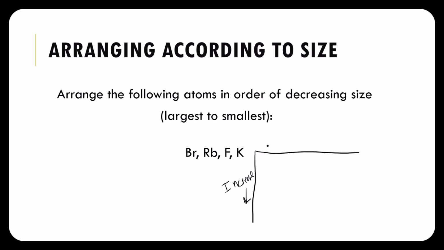And then as we go left to right, I know it's going to decrease. And then I'm going to put these atoms kind of in their respective places in the periodic table, just kind of a rough sketch here.